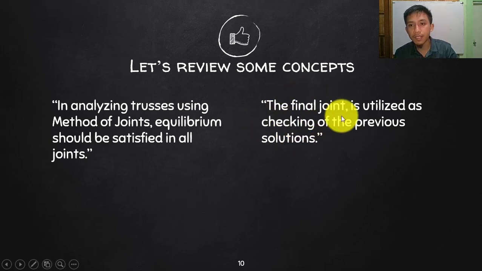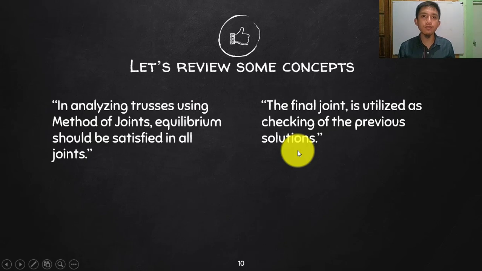Second is that the final joint is utilized as a check of the previous solution. This is actually not required when you are solving, but for a more reliable answer, we need to check. That is the advantage of using the final joint.